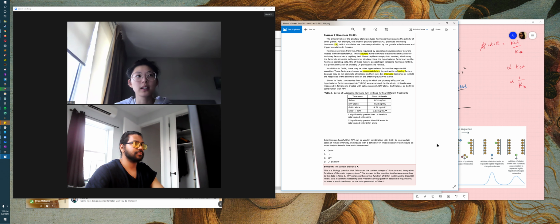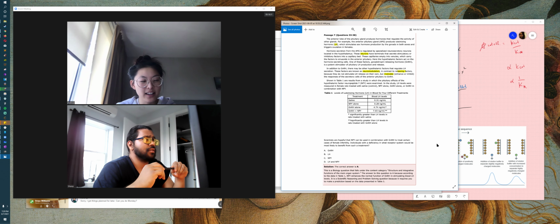So that stimulates the release of LH from the anterior pituitary gland. And then that LH will stimulate ovulation and progesterone or something. Yeah, it could lead to a couple of things.